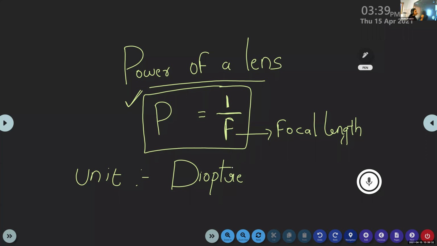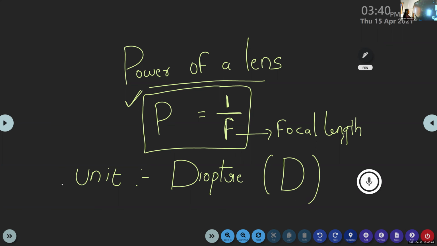Diopter, and it is represented by the capital letter D. Instead of writing diopter, you can denote it with the symbol D. Like length is expressed in meter, but instead of writing meter we write m, here the power of lens is expressed in diopter, but instead of writing diopter, we can represent it with the letter D.